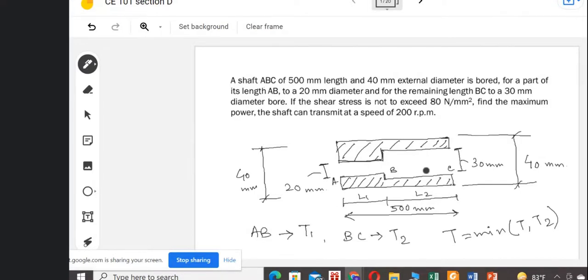One particular thing will remain common for both cases. Separate torques are coming, but we are considering the T for the minimum part, but by virtue of this connection, one thing will remain unchanged for both the sections. Can you tell that? You can be wrong, no issues. I just want you to think about how you can think of this part.